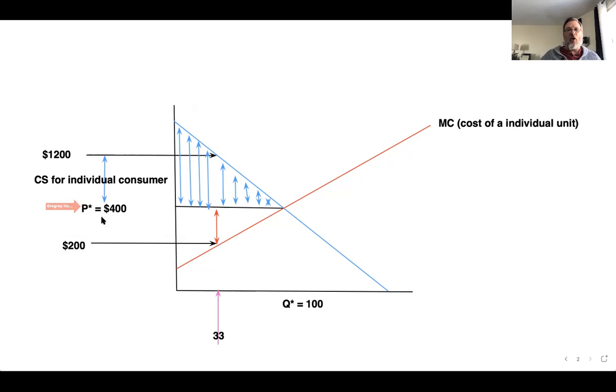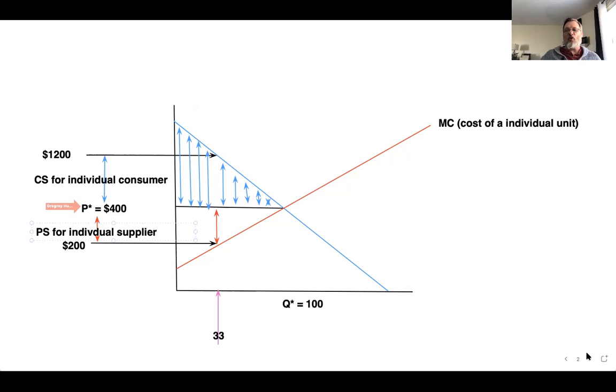So again, we can measure their individual producer surplus as being that distance between their cost of production and the price that they receive. So I'll just write that, PS for individual supplier.